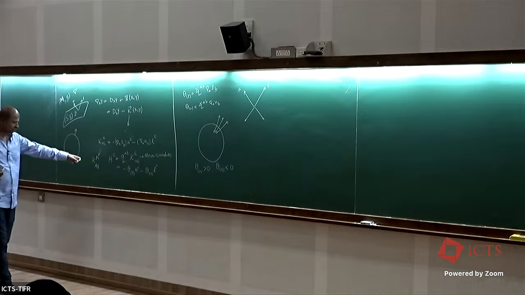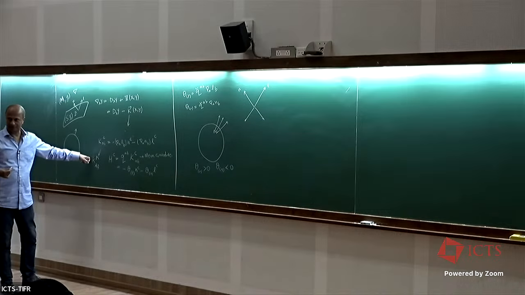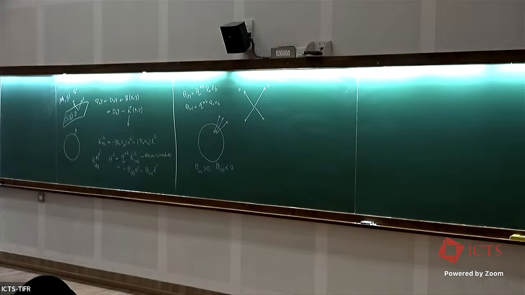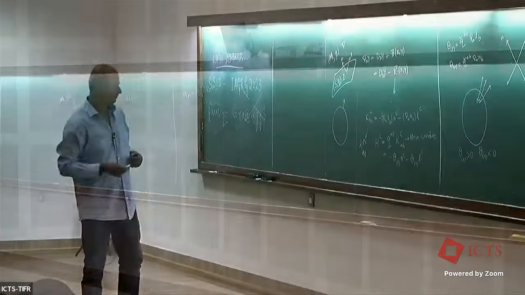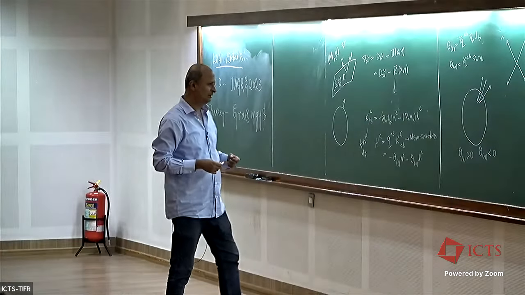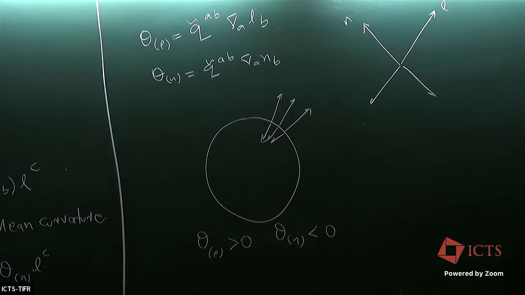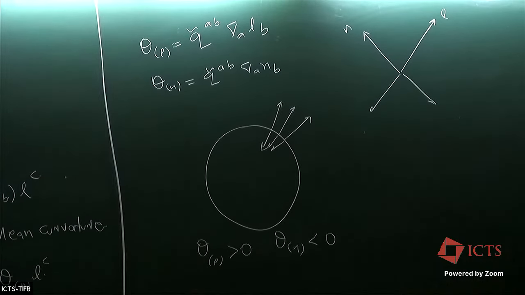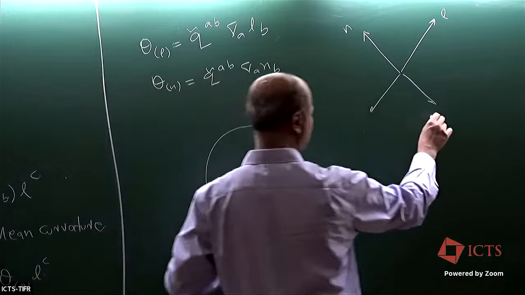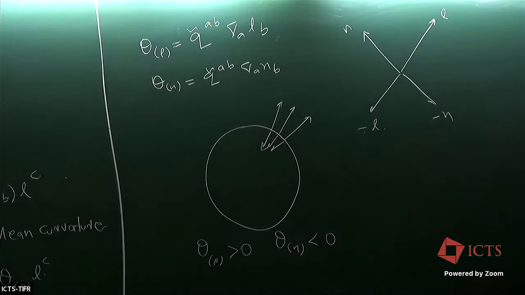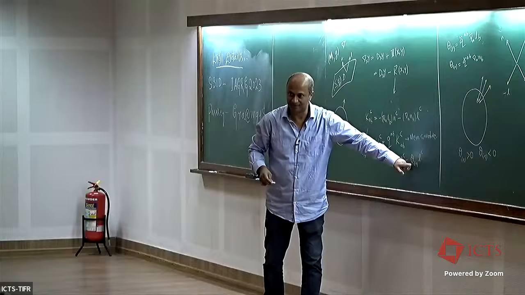So what is the causal character? Is it time-like, space-like? What vector would this be with these conditions? Okay, so imagine this is positive, this is positive. It's negative n. This is negative L. So I take negative n and add to it a positive L because that is negative.